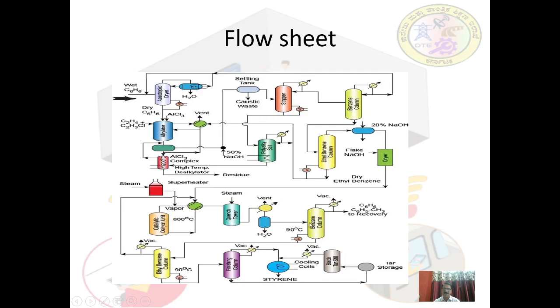It is then fed to a benzene column to separate the unreacted benzene and ethyl benzene for recovery from the styrene. The styrene thus obtained is separated from the ethyl benzene column at a temperature of 90 degrees centigrade. The ethyl benzene is recovered and recycled to the process.